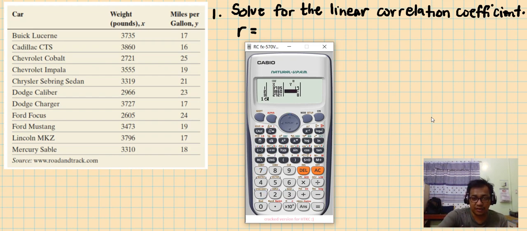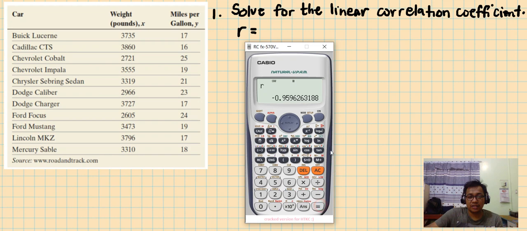17, 16, 25, 19, 21, 23, 17, 24, 19, 17, and then 18. Okay? So, I'm going to press AC, and then shift, then S-VAR, regression 5, and then R 3.